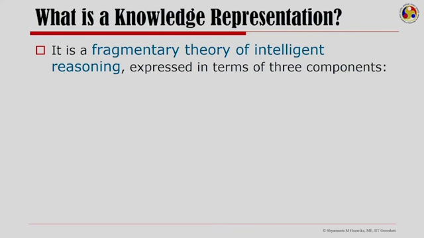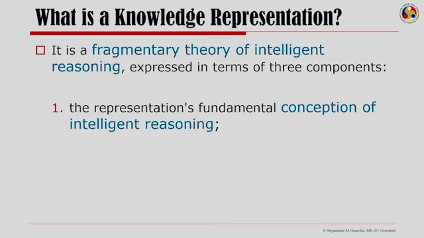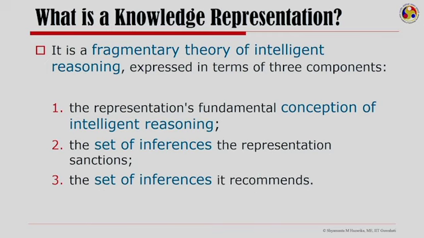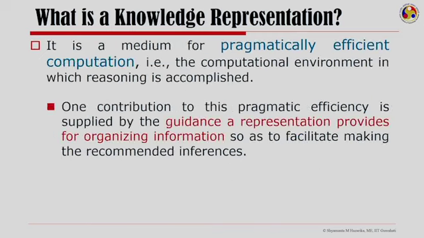As a fragmentary theory of intelligent reasoning, it could be expressed in three components. One, the representation's fundamental conception of intelligent reasoning. Two, the set of inferences the representation sanctions. And three, the set of inferences it recommends.